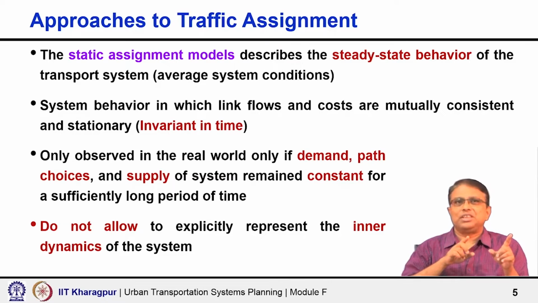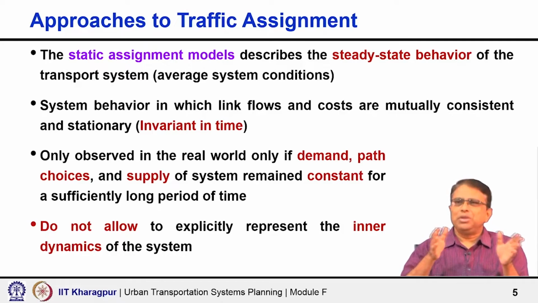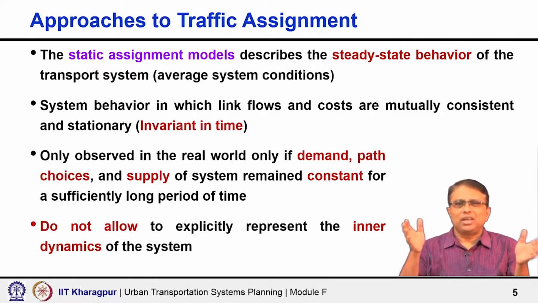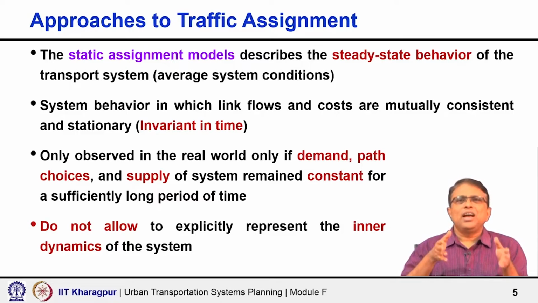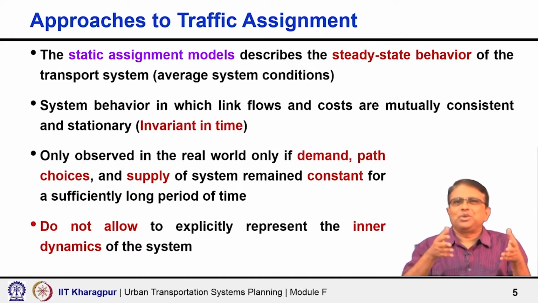That we are not considering in the static assignment model. We are taking a sufficiently longer period, maybe over 3 hours, 4 hours, 5 hours, or the peak period, what typically happens, and then what is the likely average behavior depending on the average condition or characteristics of the network.